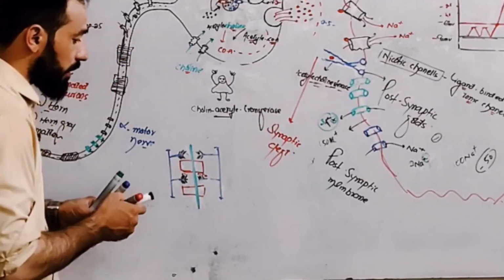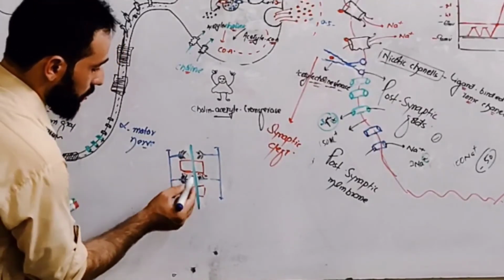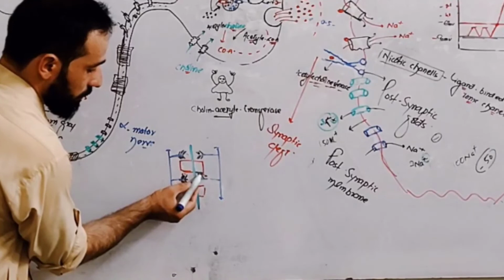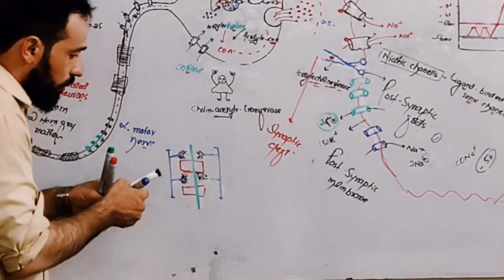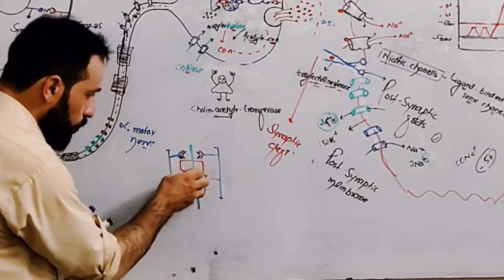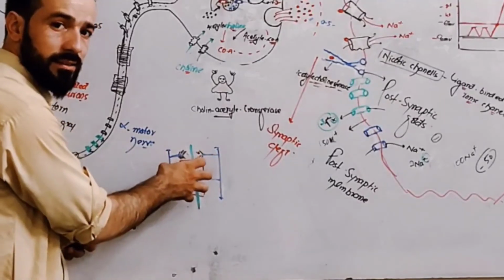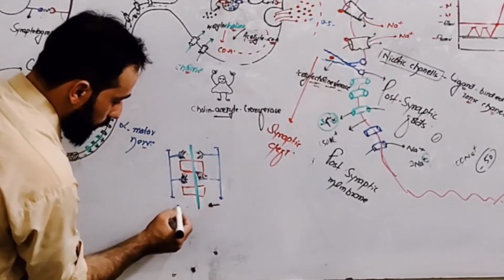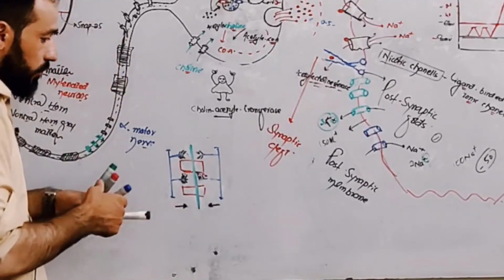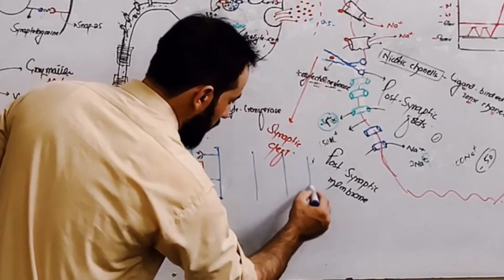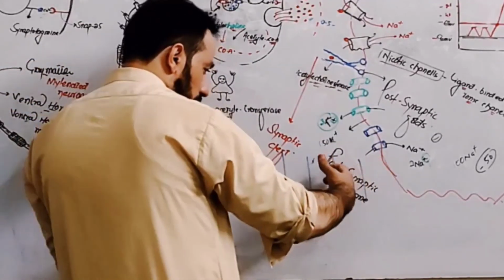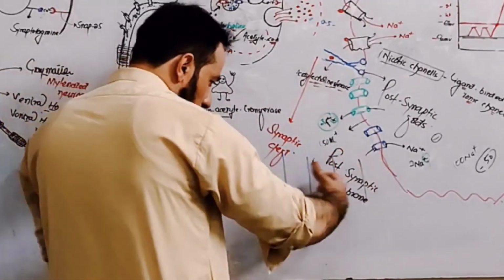And when calcium binds here, there is attraction between these myosin filaments and these actin filaments, and they will bring the two Z lines near each other, right? So this Z line will move here, this Z line will move here. So when there are millions of Z lines, all the millions of Z lines will come close to each other.